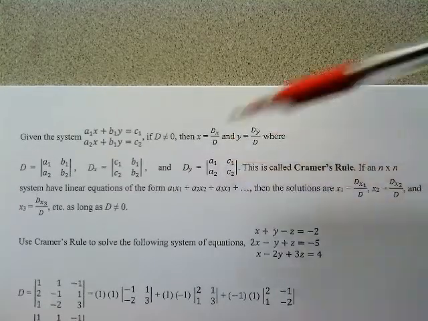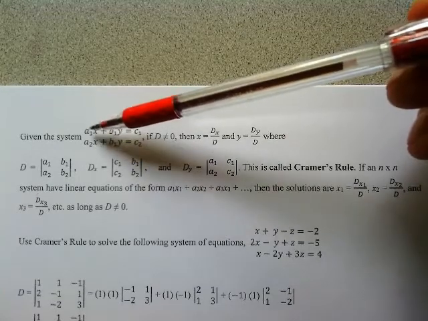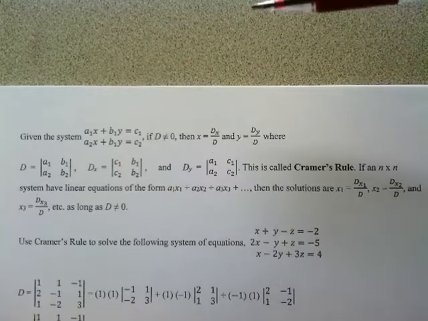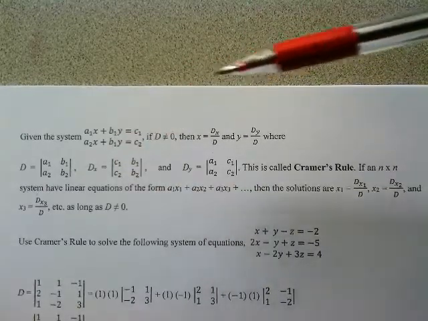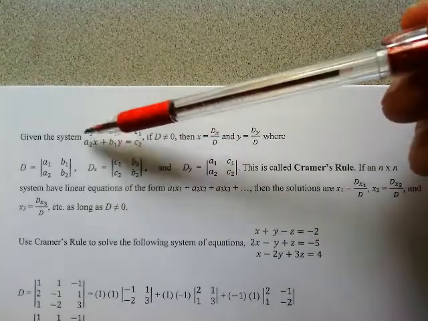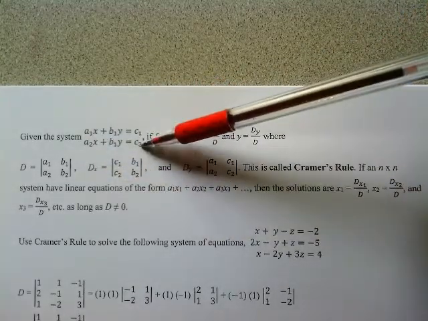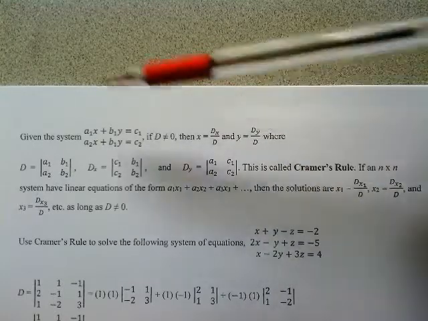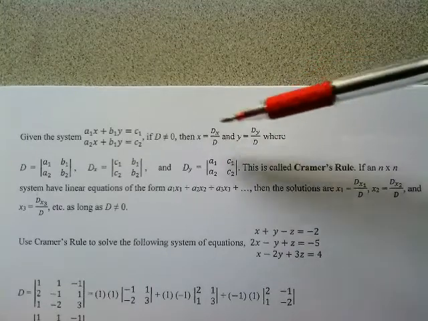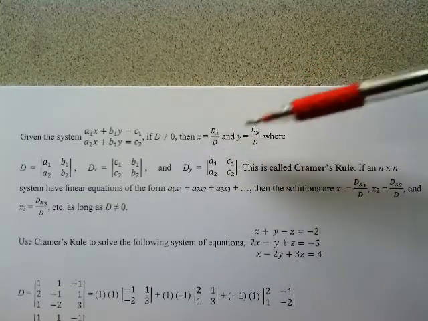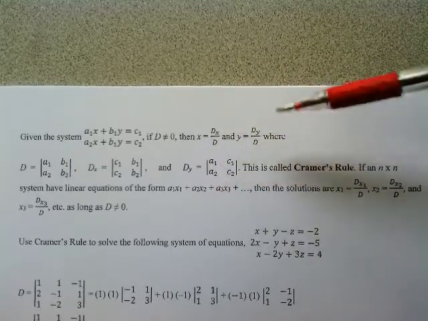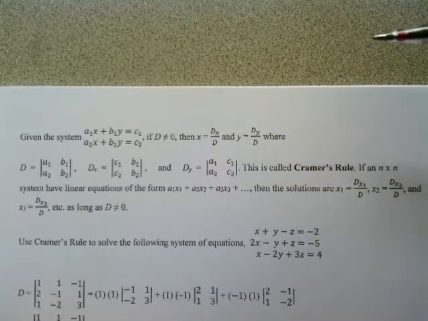Now the d is the 2 by 2 determinant made of a1, a2, b1, and b2. And then the dx is where we substitute the a1 and a2 by c1 and c2, and the dy is where we substitute b1 and b2 by c1 and c2. And so basically we find the values of those three determinants, dx, dy, and d, and those ratios will give us our values for x and y.